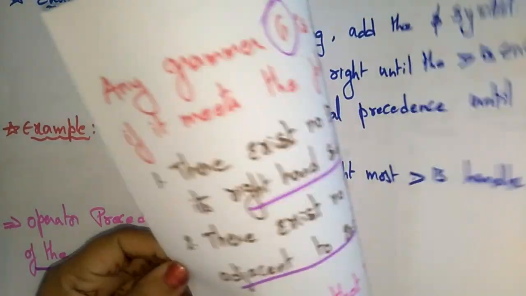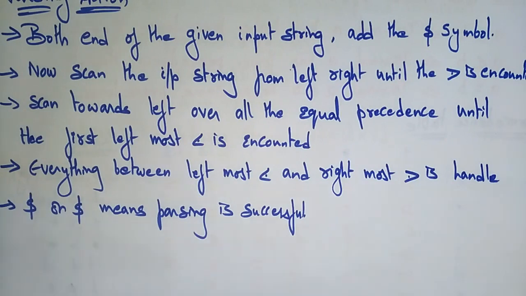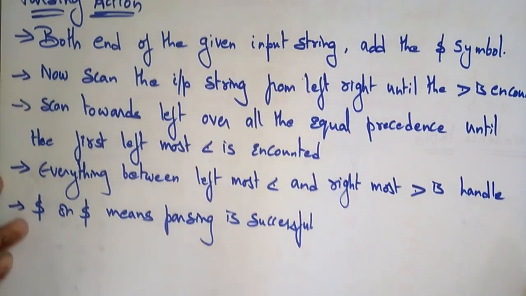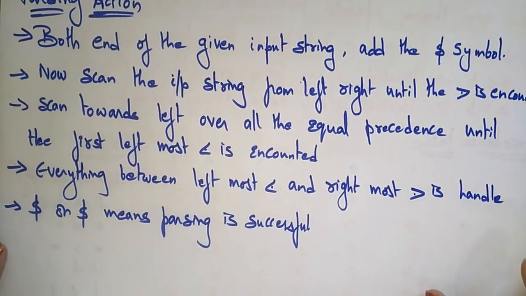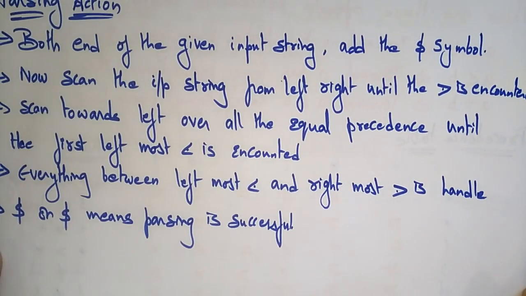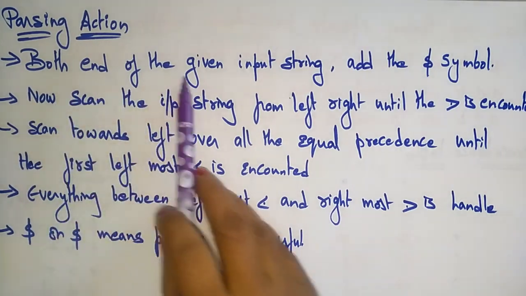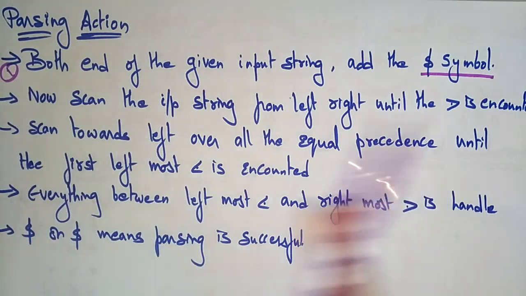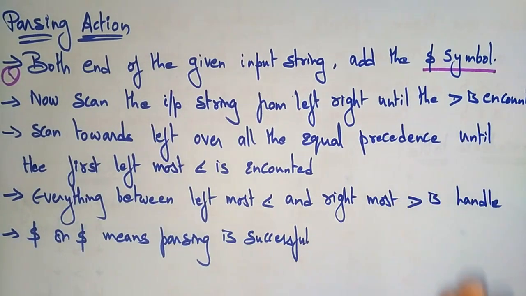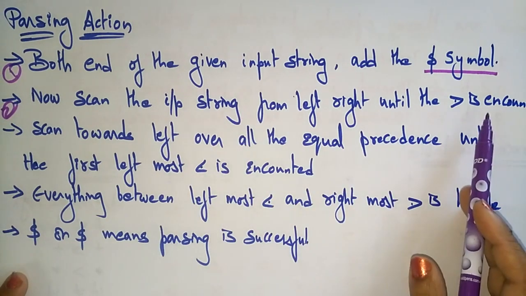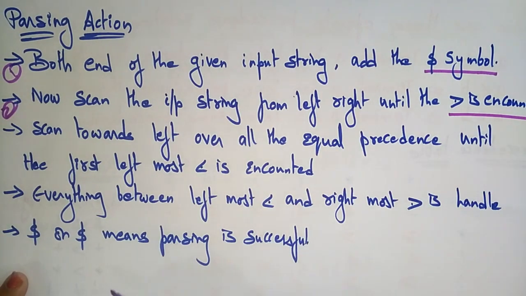Let's see an example. Before discussing the example, you have to know some rules about parsing actions, which we have to take care of while constructing an operator precedence parser. First, add a dollar symbol on both ends of the given input string. Second, scan the input string from left to right until a greater-than precedence is encountered.